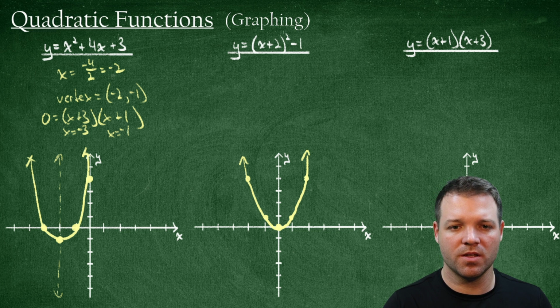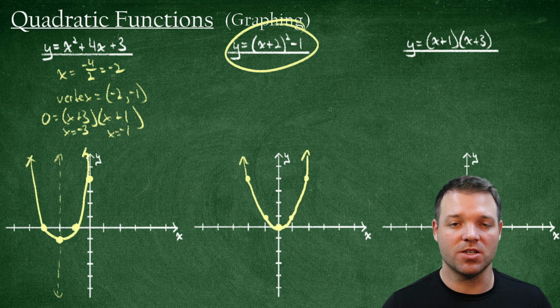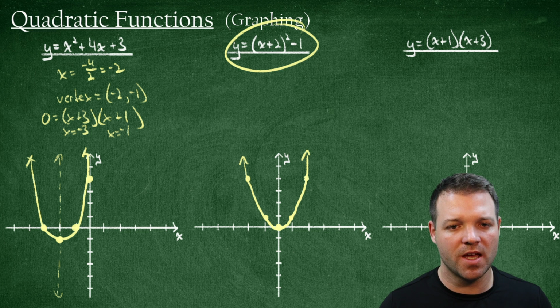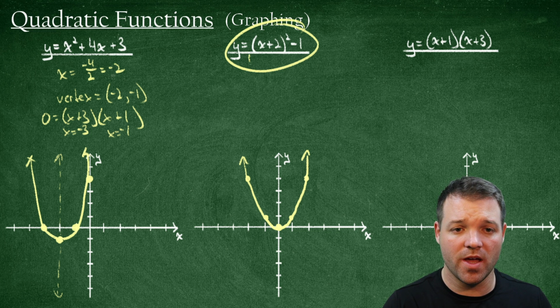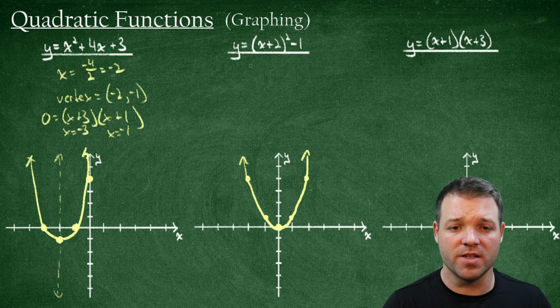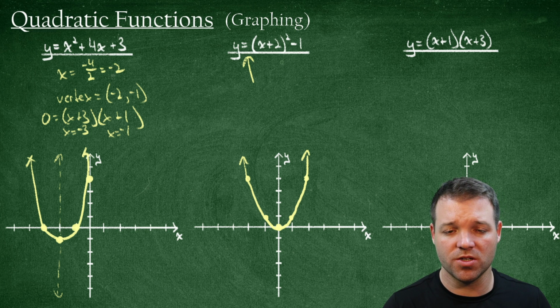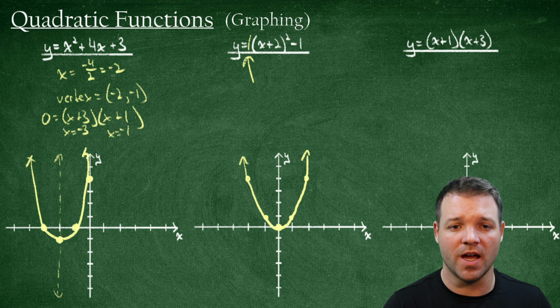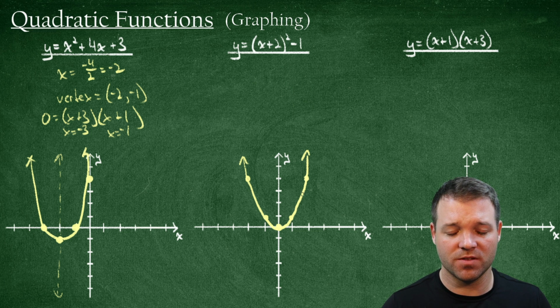So really the question is, how does this thing get shifted left, right, up, down, and is there any vertical stretching or compressing? Straight away, I know that there is no vertical compression or stretching, and it's also just facing up because there's a 1 out front here. Okay, a is 1 in this case. So really, it's just about moving this thing left, right, up, and down.